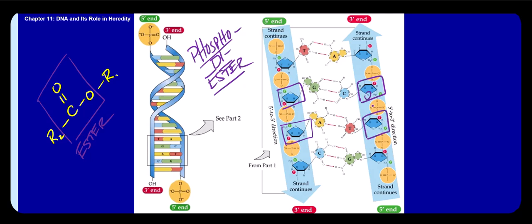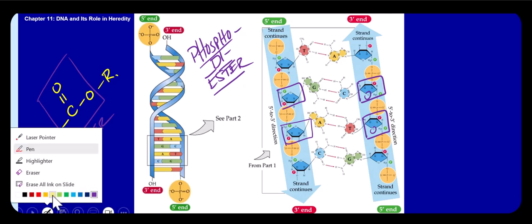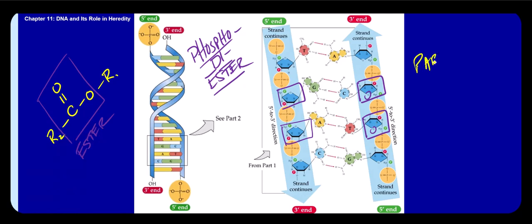So what we call that is a parallel-anti-parallel structure. It's kind of like if we call one side right side up, we're going to call the other side upside down. So that's our parallel-anti-parallel structure of a DNA molecule.